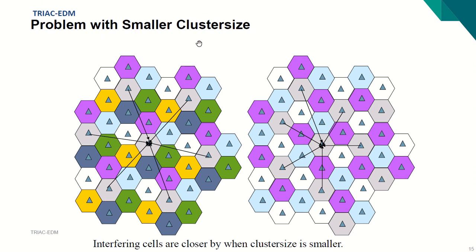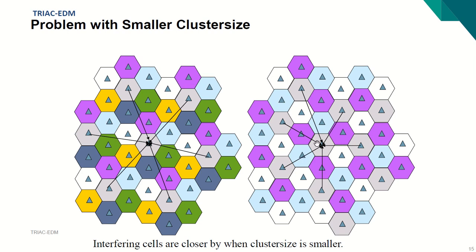Problems with smaller cluster sizes. As you can see, if we have a large cluster size, that cluster size will separate the same frequency cells far away. So for example, if we look at this gray cell, its neighbors are here, here, here, and here. So you can see that they are two cells away from each other. Each one has the same thing. For example, this purple one is also two cells away.